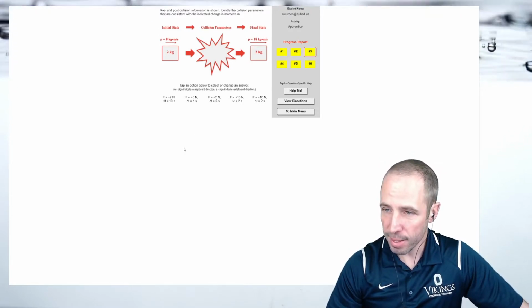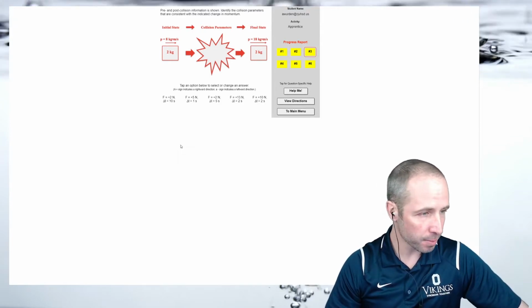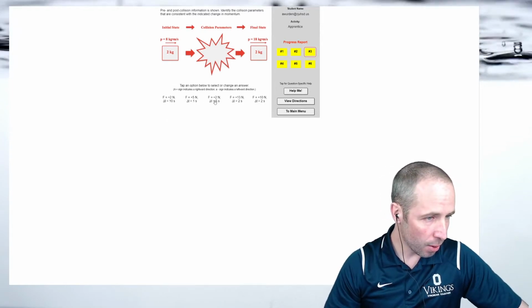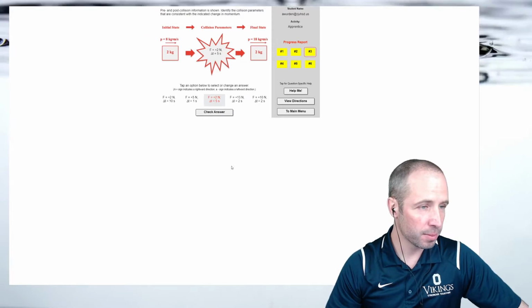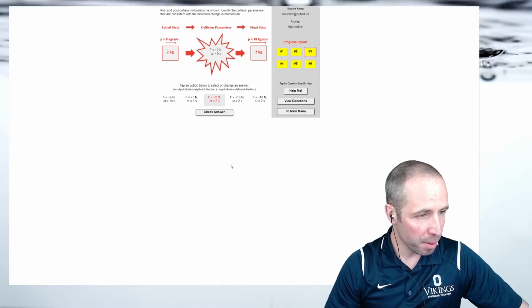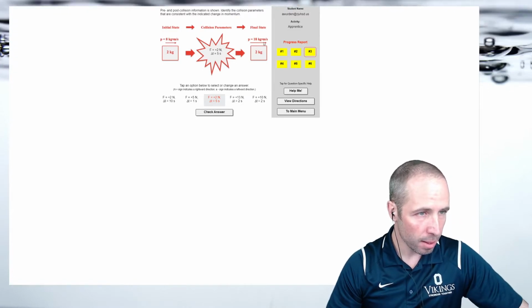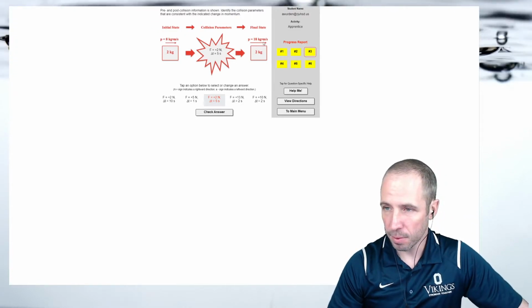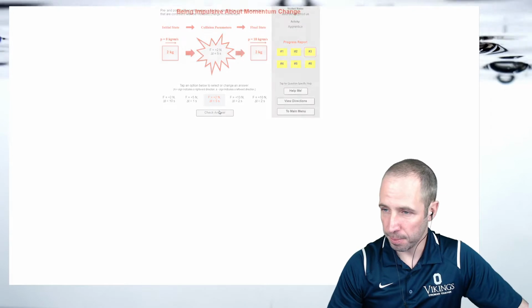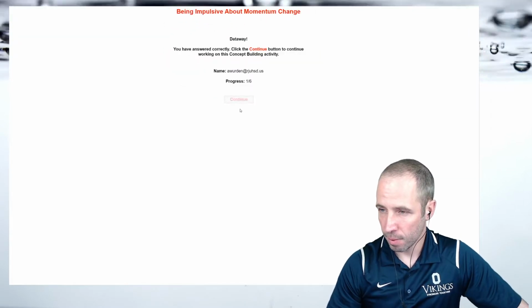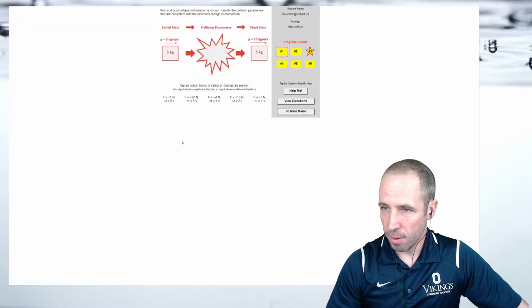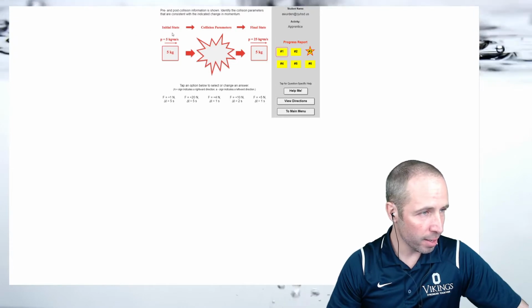Now, impulse is a force times a time. So that one would provide plus 10 Newton seconds of impulse, and change that from 8 up to 18. Easy. All right, in this one, our momentum beforehand was 5.